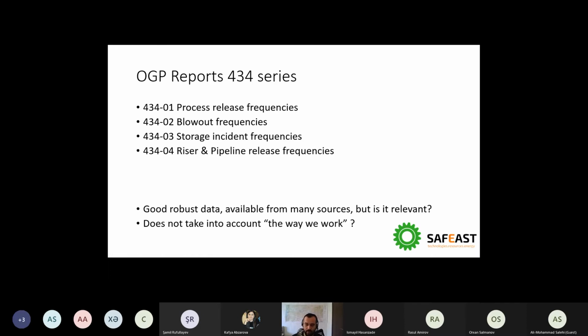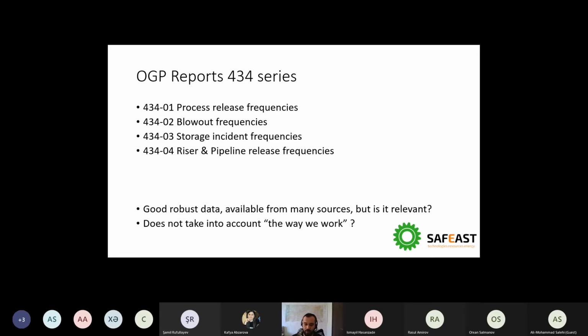You can also find storage incident frequencies, applicable most of the time to atmospheric storage tanks. And there is one specific series on riser and pipeline release frequencies, which could be used for assessing offshore or onshore pipeline releases. So that's really good, robust data available from many sources, many big companies.